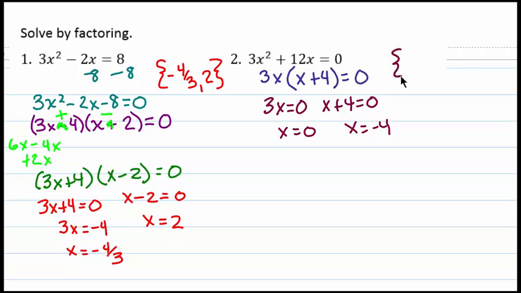So writing it once again in my solution set, I have negative 4, 0. These are both x's. You can write them as x equals 0, comma, negative 4 also, but if you put it in parentheses, remember that I will take off points for that because it's not an ordered pair. It's two different x values.